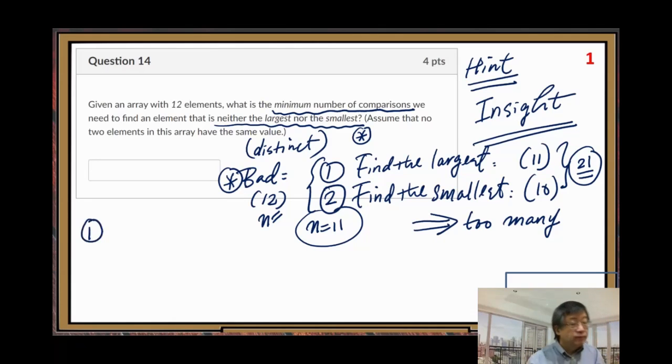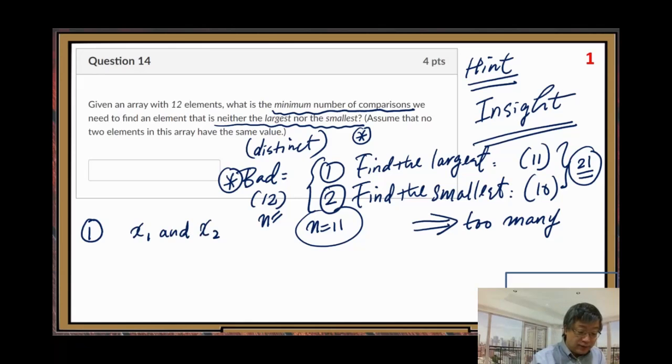Step 1, select any 2 elements, X1 and X2. After you select them, you do one comparison.